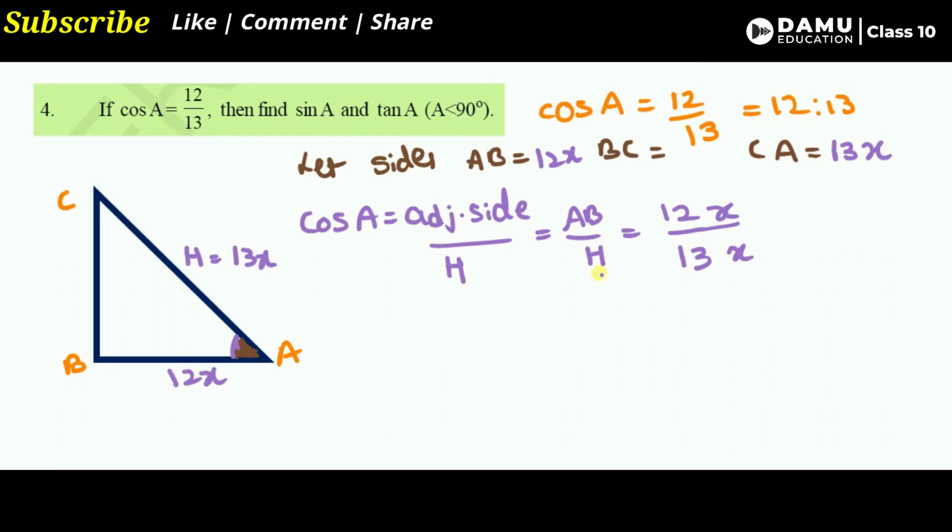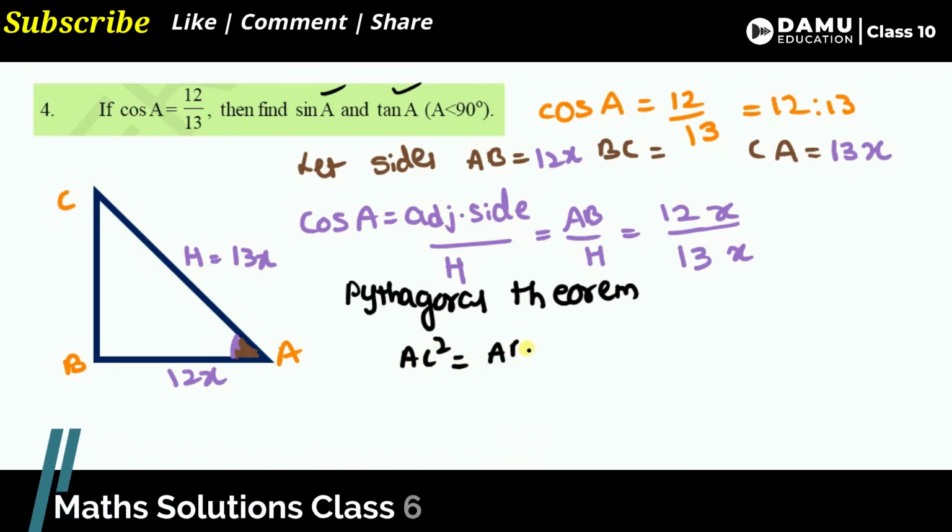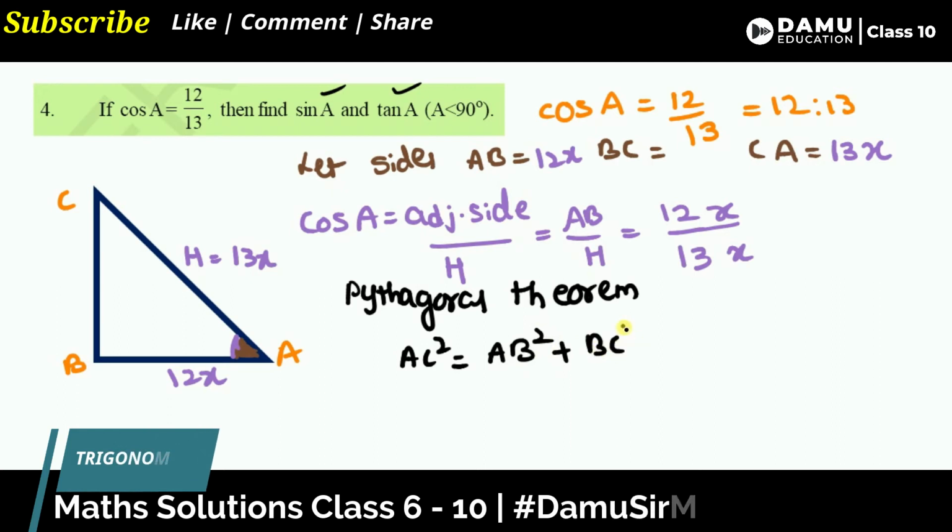So BC, how to calculate? Let's calculate BC for calculating sine. In order to find the sine values and tan values, we need to know the opposite side. So this is the adjacent side, this is the opposite side, this is the hypotenuse. From Pythagoras theorem, the hypotenuse square, that is AC square, will be equal to the sum of the squares of the remaining sides, that is AB square plus BC square.